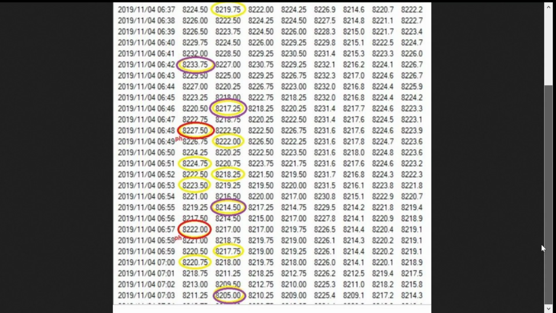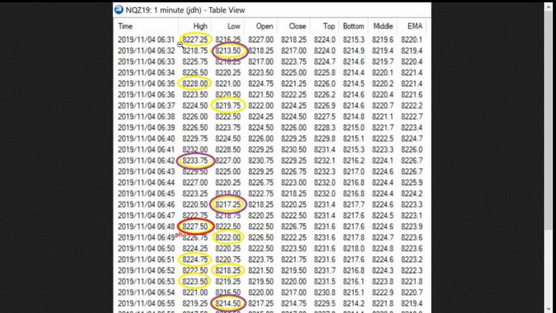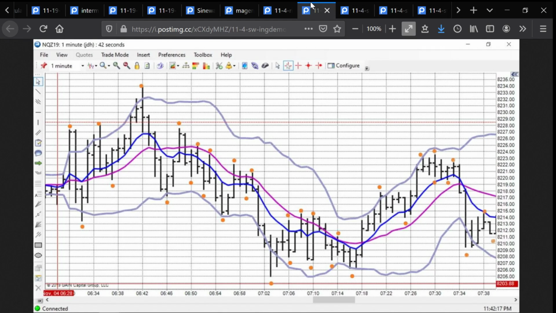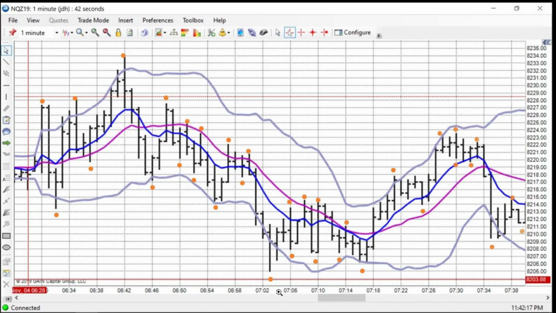About 7:03 is the last data that I've got here, and the market opens at 6:30, so we've got about 32 minutes of data. On the chart, 32 minutes would be about right here, in the center, and I just completed the rest of the chart.